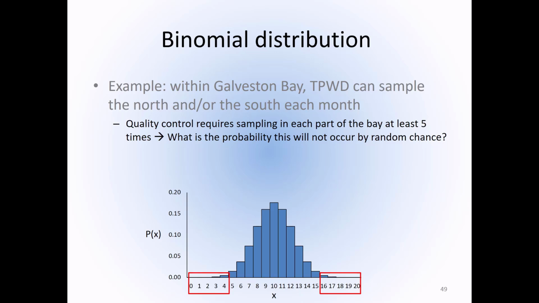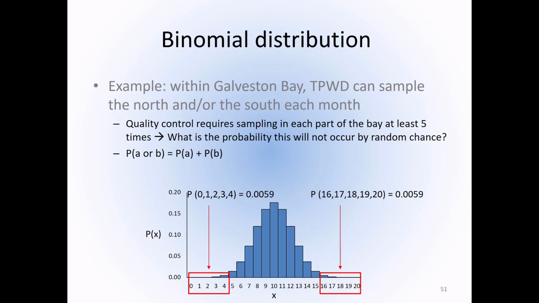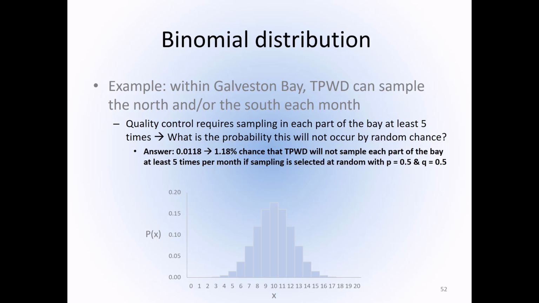So it's the summation of the probability of each one of these potential events occurring. And so we can use the binomial formula to calculate each one of these probabilities and take their sum, or we can determine the area for each one of these representative bars. What we find is that there's a very low likelihood of us not sampling each part of the bay at least 5 times, less than a 2% chance, if we're randomly selecting our sampling site and the probability of those selections is 0.5.